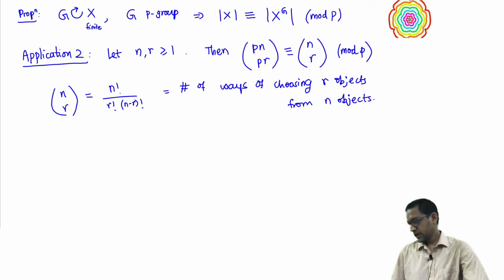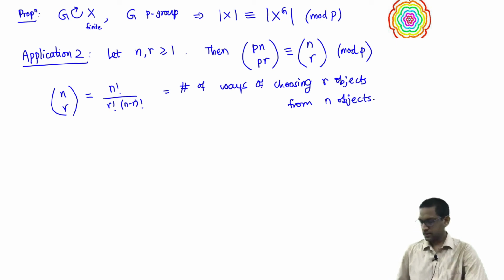Okay, so now the statement here is really something about the fact that these two numbers are always congruent to each other, the number of ways of picking Pr things from Pn things, and the number of ways of choosing r from n. Well, they won't be equal of course, but they are congruent to each other when you look at them modulo the prime P.